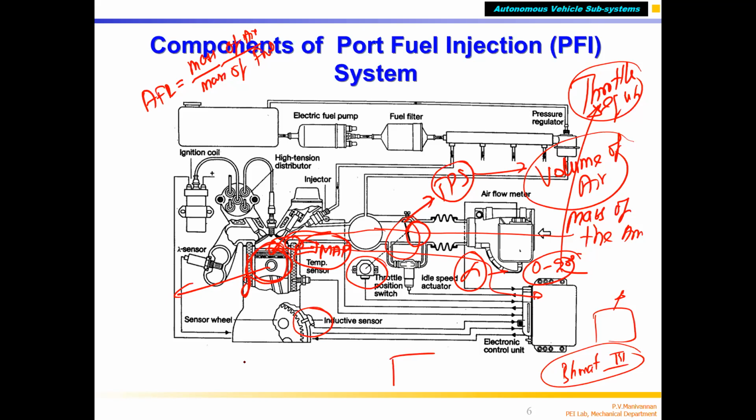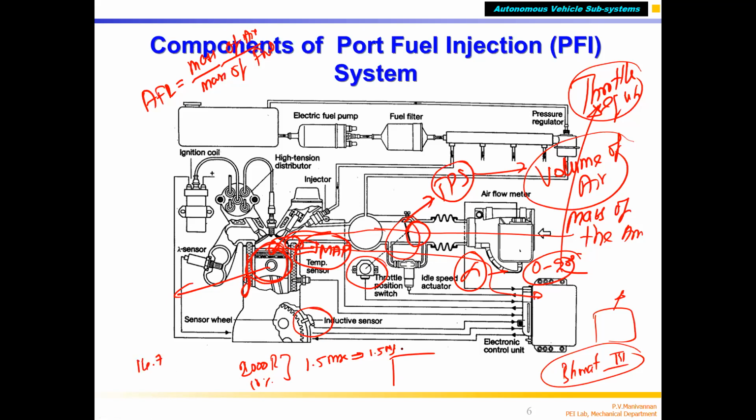I told you, if I run my engine at 2000 RPM, correct? And 10% throttle, I have to open my injector for 1.5 milliseconds. If I open for 1.5 milliseconds, fuel injected is 1.5 milligrams, for example. Correct? And what is the air fuel ratio I want to maintain? Stoichiometric, 14.7. Correct?